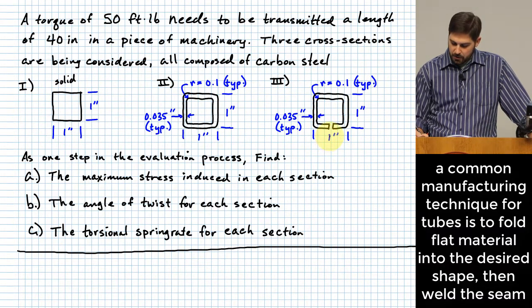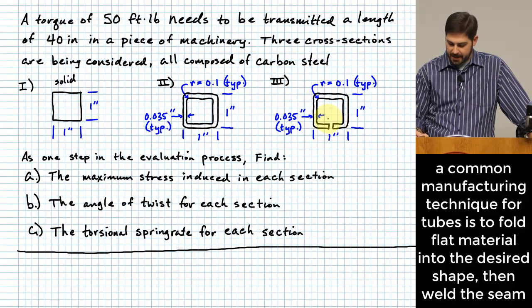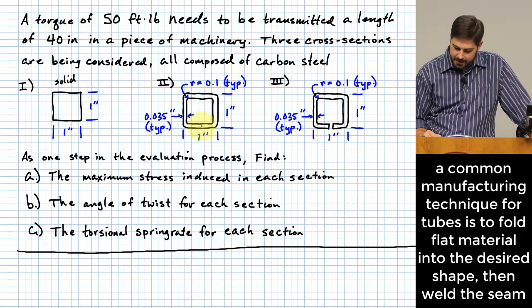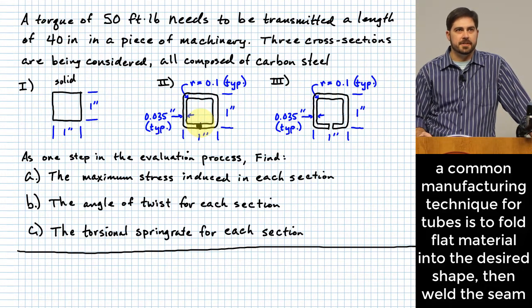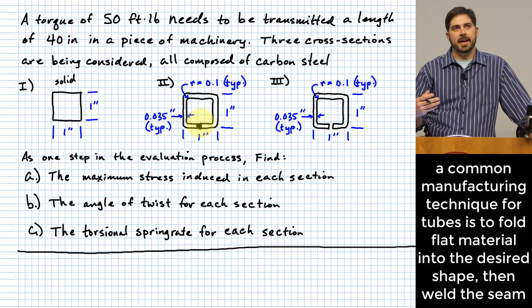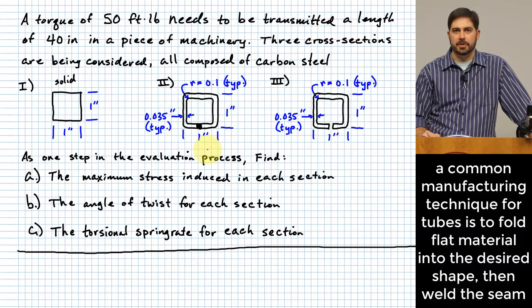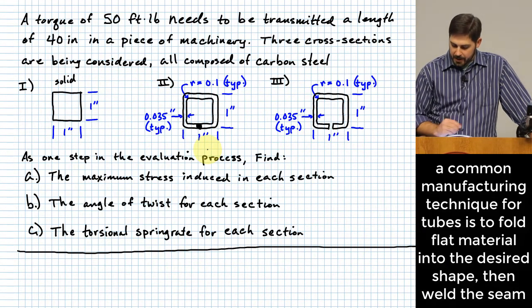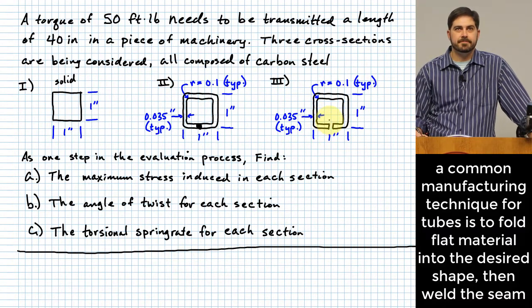It's also not uncommon to have a couple of options like this, where it's likely that option 2, in order to manufacture it, may have needed to be welded at a particular spot. It doesn't always have to be that way, but that's a very common manufacturing technique to make a fully closed cross-section. Sometimes it has a seam that's welded. You can imagine this one just has a seam that's not welded.